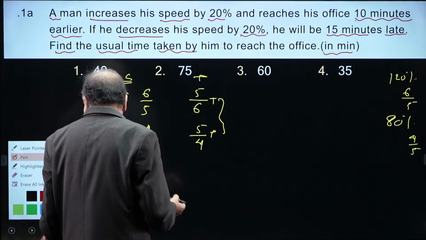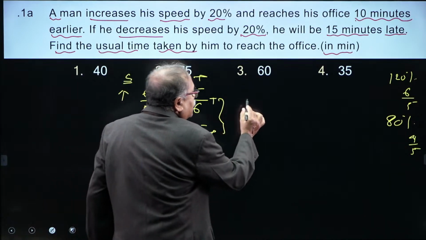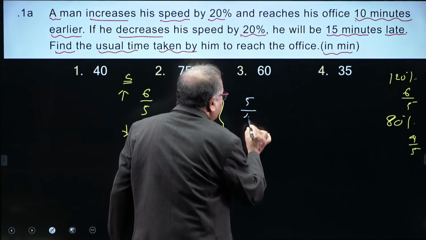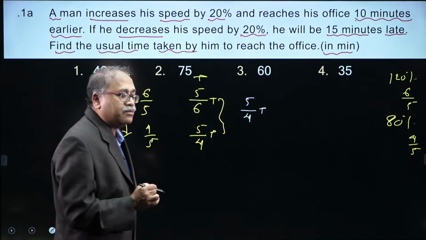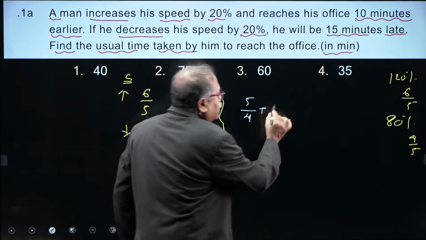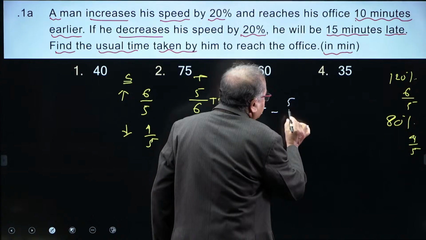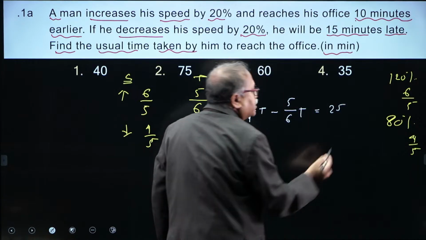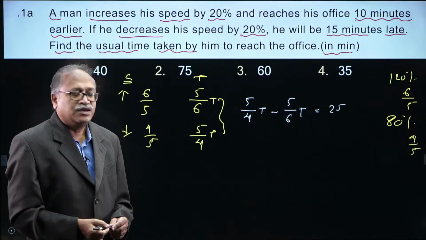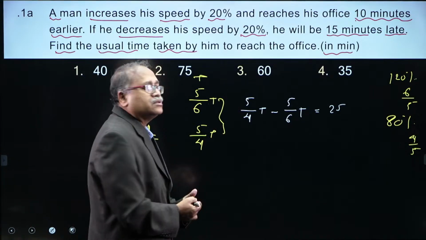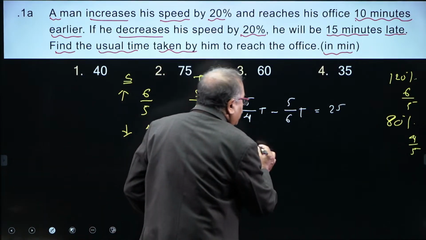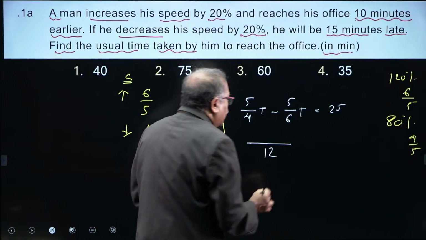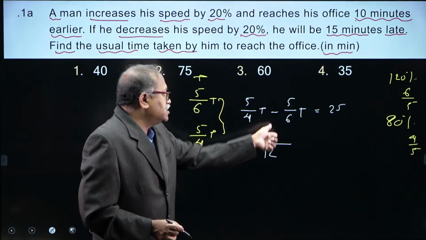So, can I write this in this way? 5 by 4 of t minus 5 by 6 of t is equal to 25 minutes. Done. When I simplify this, your LCM will be 12, and here this is 3, 15, and this is 2, 10.